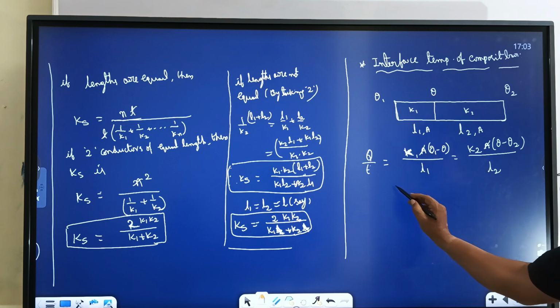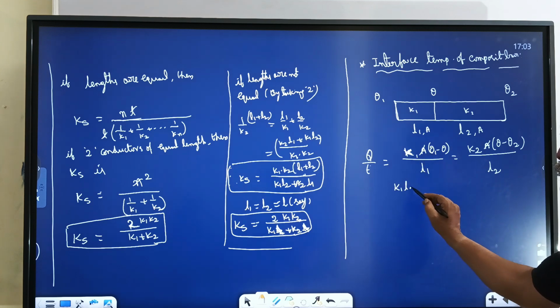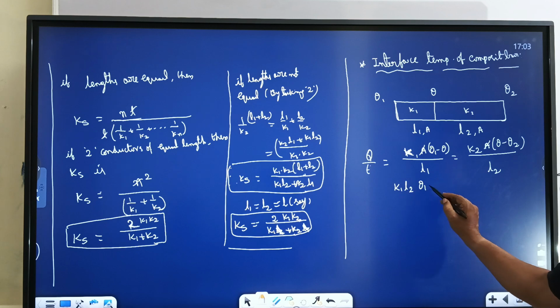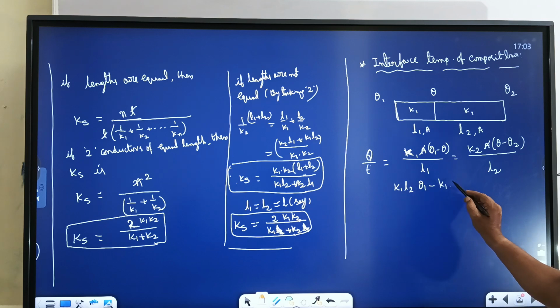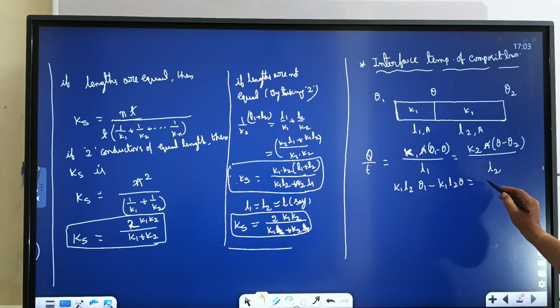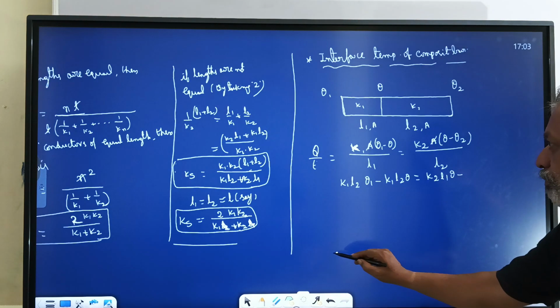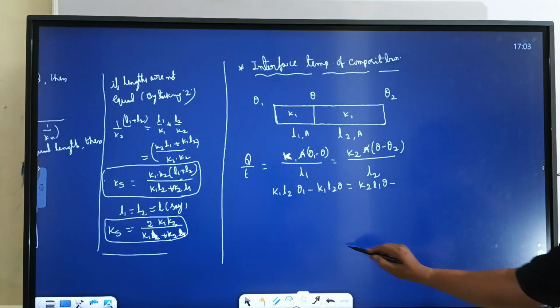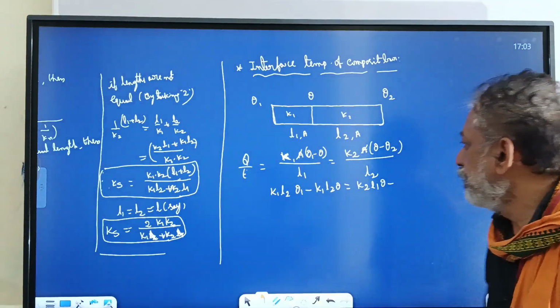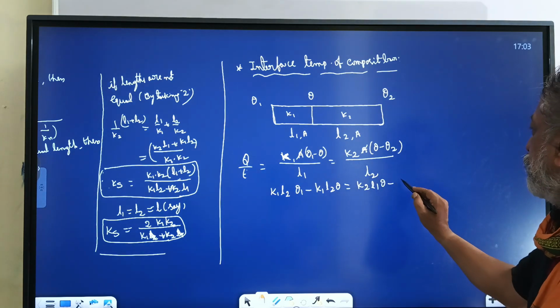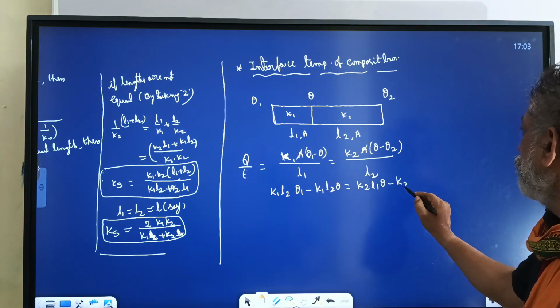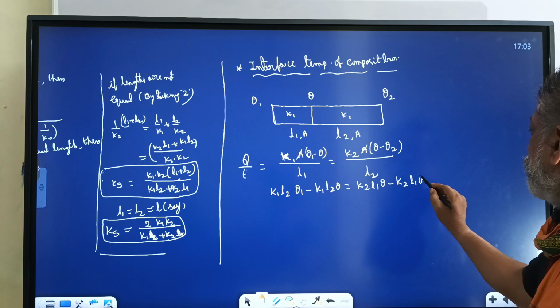Then what can I get? K1 L2 theta 1 minus K1 L2 theta is equal to K2 L1 theta minus K2 L1 theta 2.